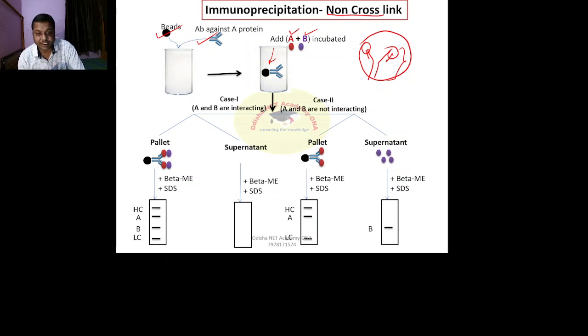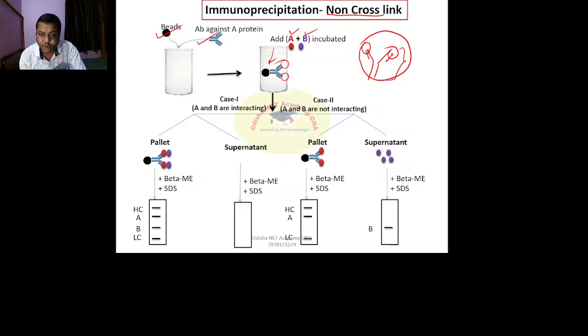Now what happens? First, which protein attaches to the antibody irrespective of AB interaction? As I have taken antibody against A, definitely A will come and get attached here. Whether A interacts with B or not, that does not matter.